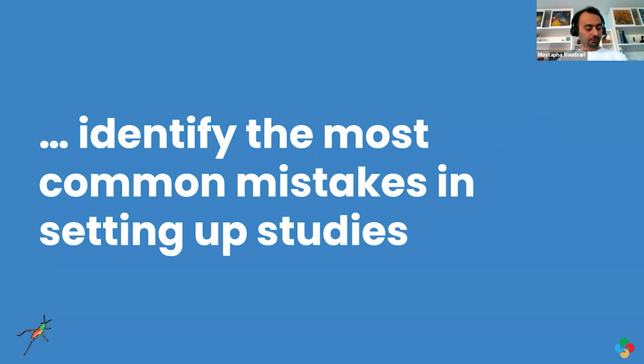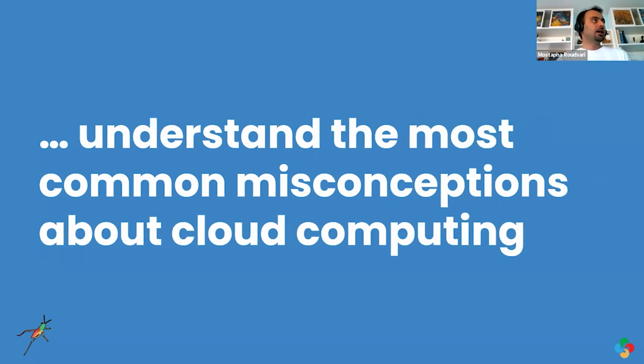A lot of that is for running stuff on Pollination Cloud, which will be useful even if you run a single large model. And then understand the most common misconceptions about cloud computing. I think that's very important too.